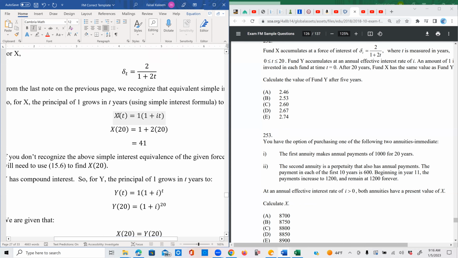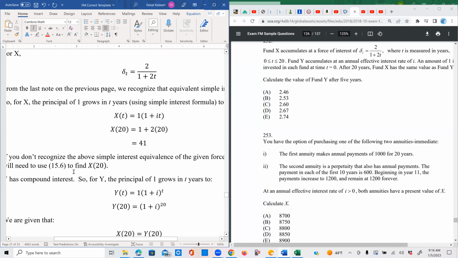So for simple interest formula, we know it is 1 times 1 plus it. So x in 20 years would be 1 plus 2 times 20, because we are told that in 20 years, both the funds x and y have the same value. So the first order of business is to calculate what x is in 20 years. So it'll be 1 plus 2 times 20, that's 41.